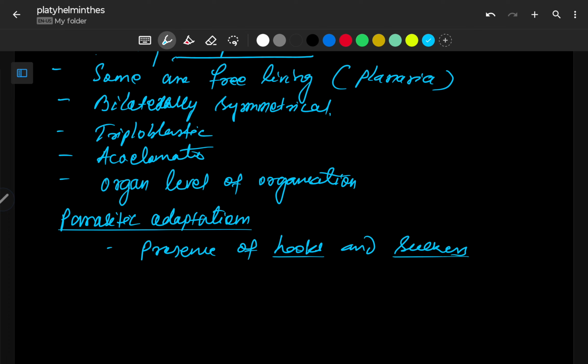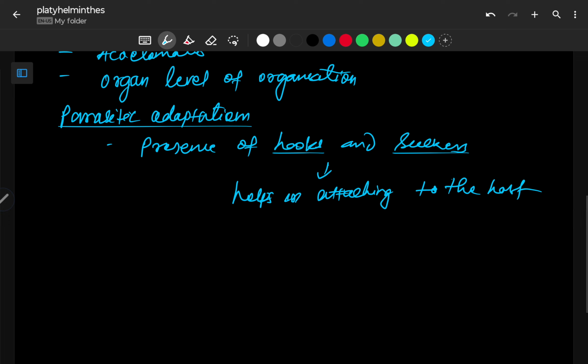By this they remain attached to the body organ of the host. Okay, so what is their role? Helps in attaching to the host.